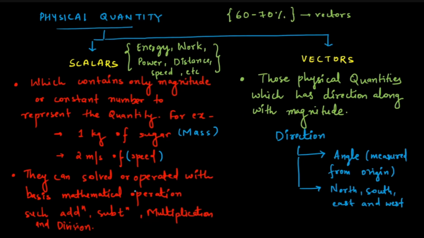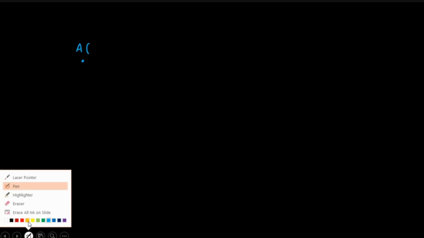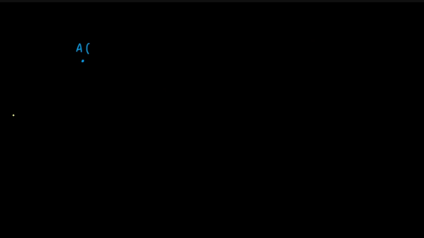So let us try to understand how we actually represent direction, and we'll also talk about the practical applications of vectors, that is, why we are actually studying it. I'm giving you a very basic example to understand what a vector is. Suppose initially you are at a certain point, and that point must have some coordinate in reference to the coordinate system.